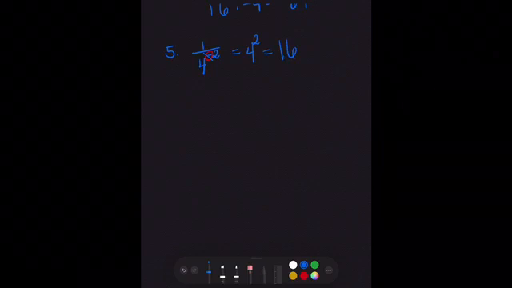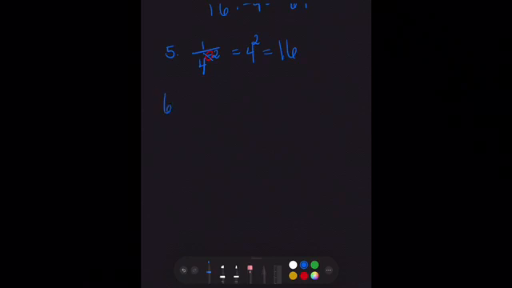Well, we know that a negative exponent is just telling us to do the reciprocal of that. So what is the reciprocal of 1 over 4 to the negative 2? Well, it's 4 squared. All we did was get rid of that negative exponent. All right, and now we can square 4 and we'll get 16.